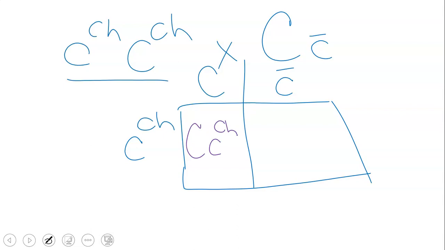Okay, now over here we know that C^ch is dominant to lowercase c, right? Chinchilla is dominant to albino. So I'm going to put the C^ch first, right? But whatever the dominant allele is, I'm going to put it first. And then c. Okay, so the answer here would be a 1-to-1 phenotypic ratio. 1 brown to 1 chinchilla rabbit.